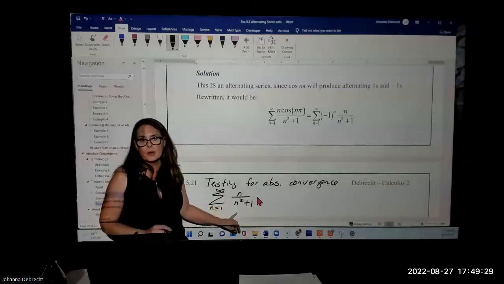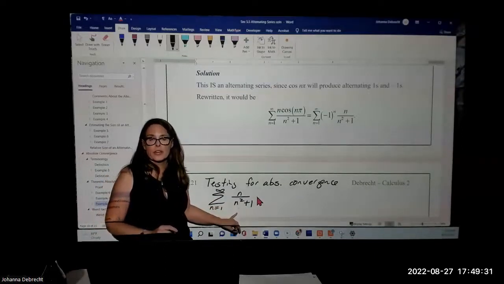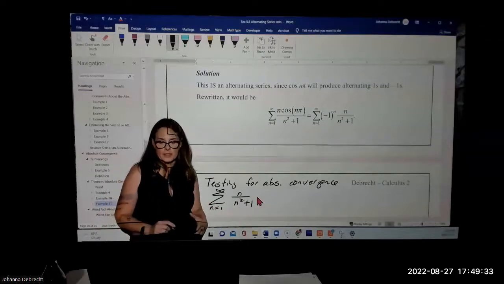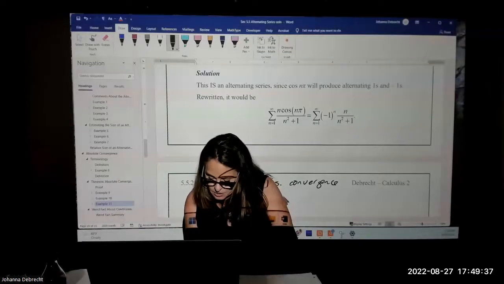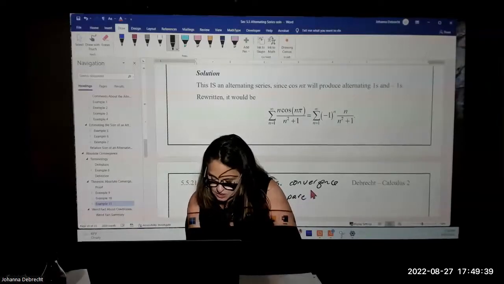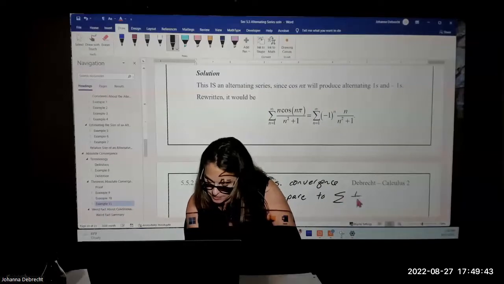But n over n squared reduces to 1 over n, which we know is the harmonic series. So I'm going to compare this to the harmonic series. And we know that the harmonic series diverges.